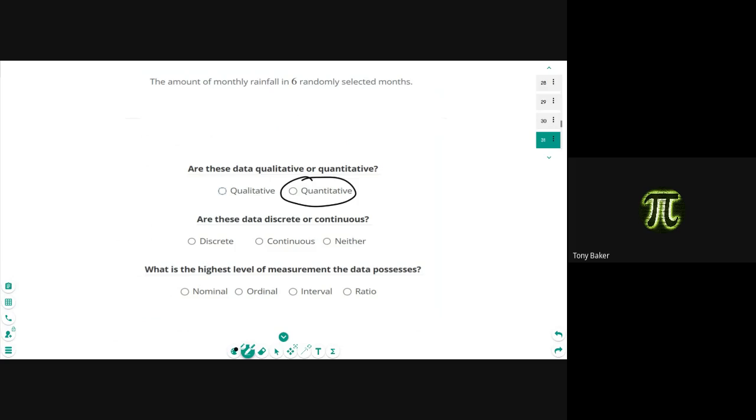If you say yes, it's going to be quantitative. Okay. Are these data discrete, continuous, or neither? Why?